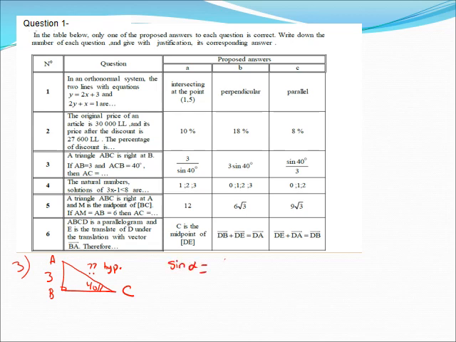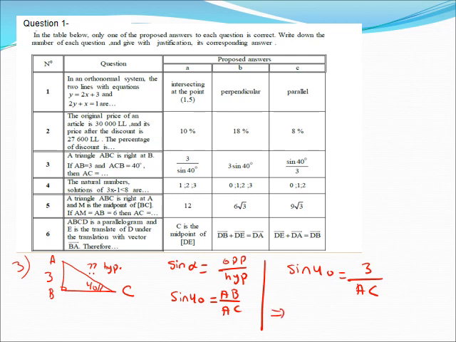Sine alpha equals opposite over hypotenuse. Sine 40 equals AB over AC, so sine 40 equals 3 over AC, then AC equals 3 over sine 40.